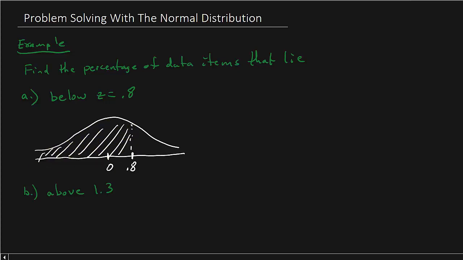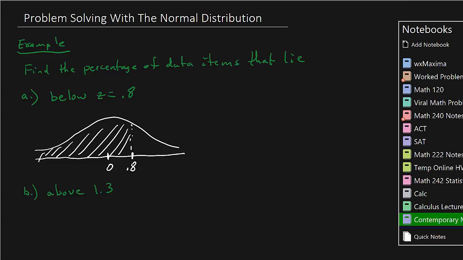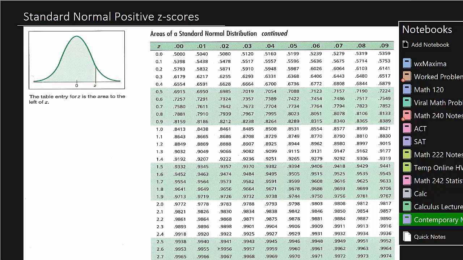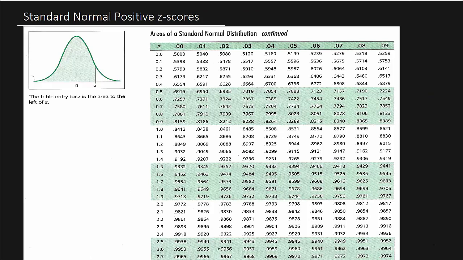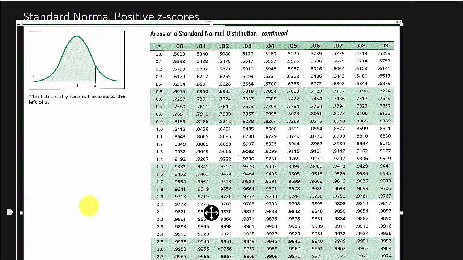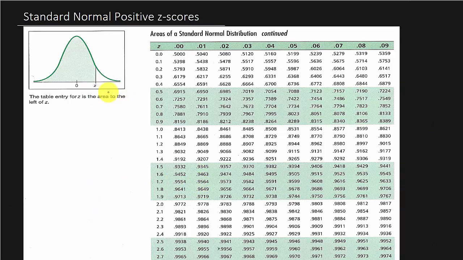Now, we've got to look this up in our table. You can see here we have a positive Z-score, so we're going to come to the table that has the positive Z-scores. Now, there are different tables out there. In some books, there's a table like this one that, when you look up the Z-score, gives you the area to the left of the Z-score.